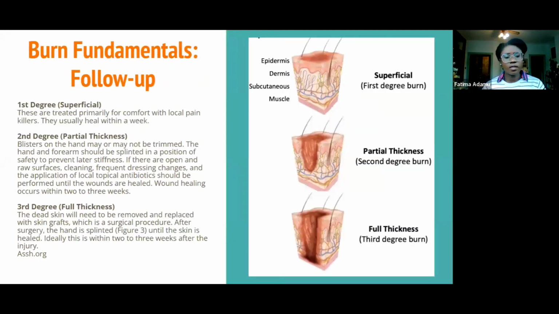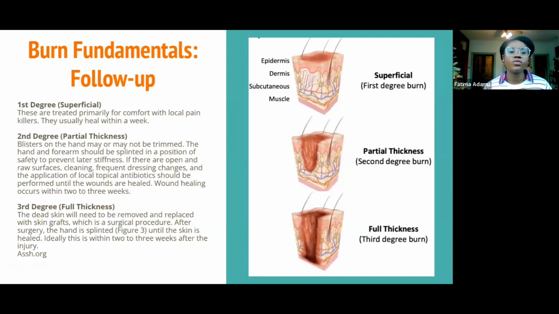So, in the case of first degree burn, some follow-up care fundamentals to know. First degree burns, pretty superficial, treated with a local painkiller, so usually heal within a week. Second degree burns and blisters, the hand can be splinted in a position to prevent stiffness, especially if it's blisters that need to heal.